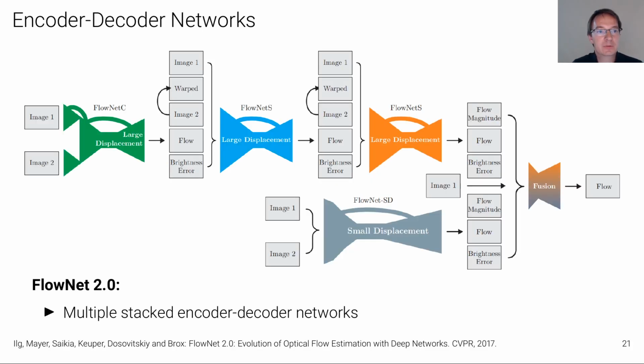A second type of optical flow methods that have become popular recently are deep learning-based optical flow methods. The first type are encoder-decoder networks, where simple U-Net architectures are used or stacked together for regressing optical flow and are trained using massive amounts of supervision, often in the form of synthetic optical flow data, followed by refinement on real optical flow ground truth, for which typically only a smaller amount of data is available.